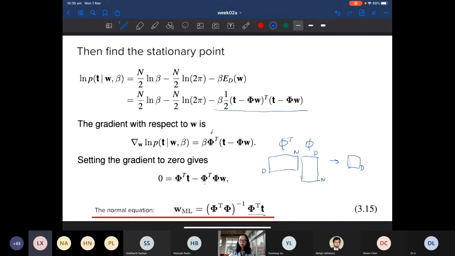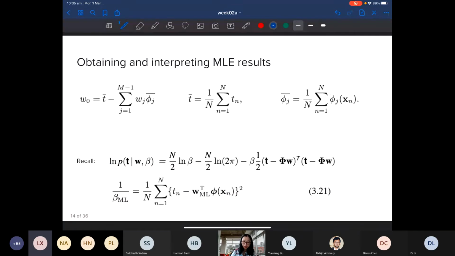So let's try and understand the normal equation a bit more in the next few slides, all the way until the geometric intuition part.